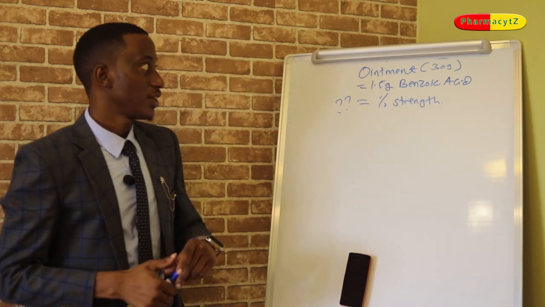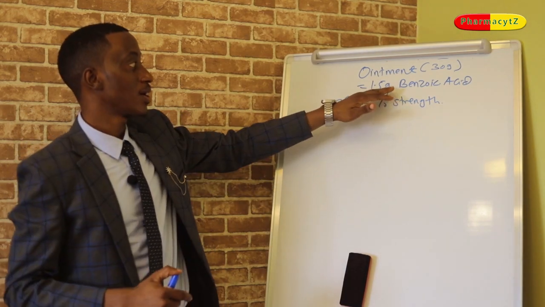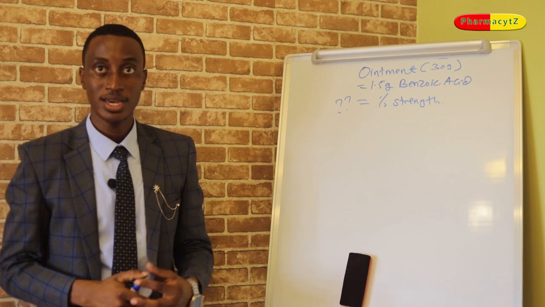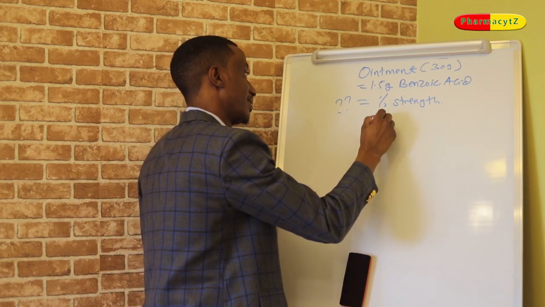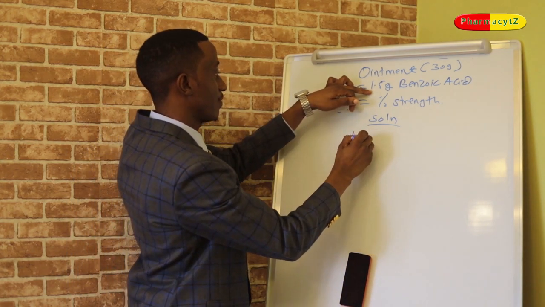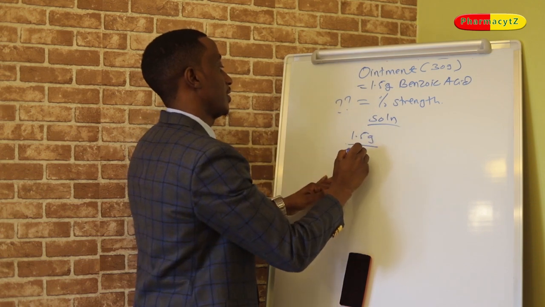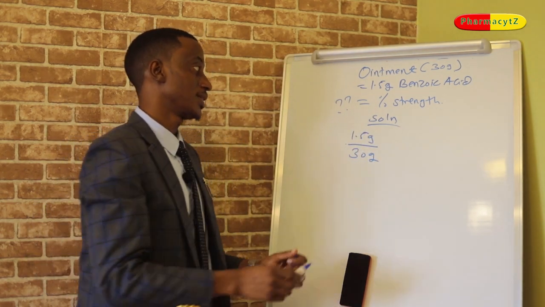So if you have 30 grams of an ointment, then it is made up of 1.5 grams benzoic acid. The final percentage strength can be obtained as follows. This is simple. This means that 1.5 grams of benzoic acid were in 30 grams of the total preparation of the ointment.